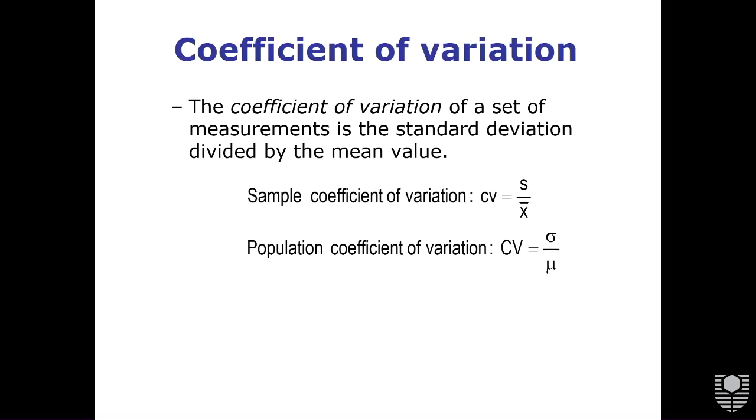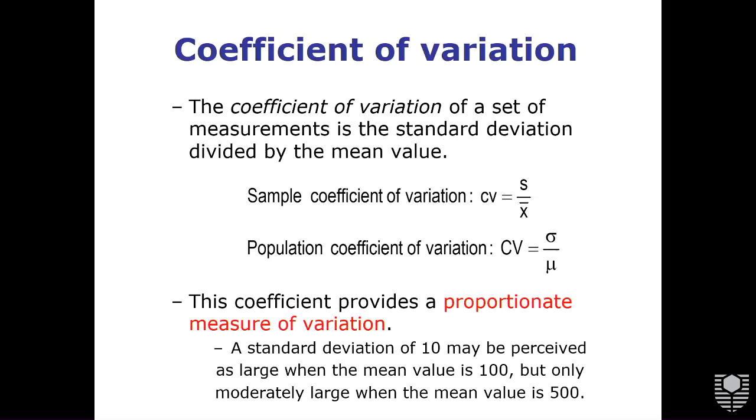And for the population, we have sigma divided by mean mu. That is the coefficient of variation, one of the measurements to check the variation of the data.